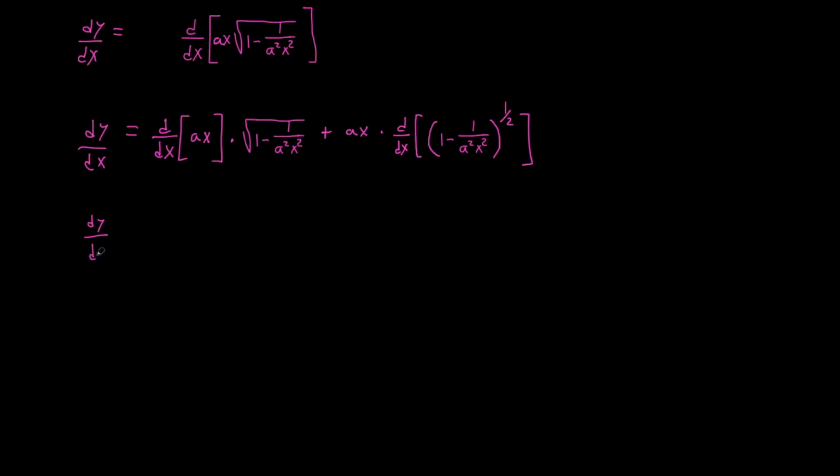So the derivative of y equals, derivative of ax is going to be equal to a times our square root function here. And we're going to add ax times, now we need to take this derivative.